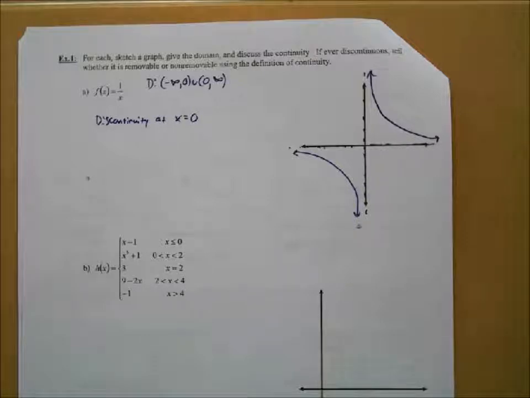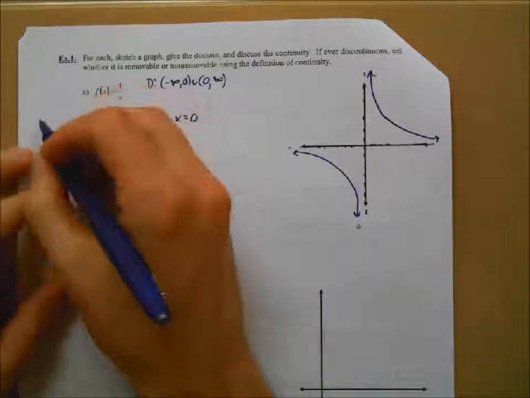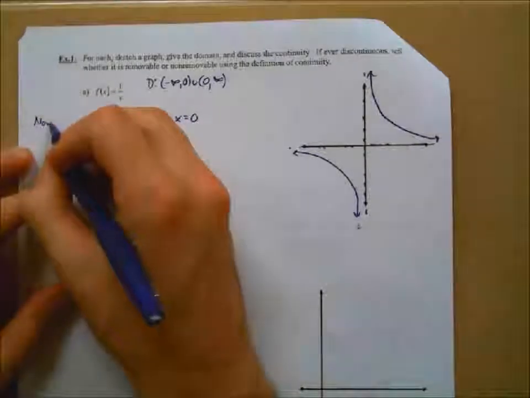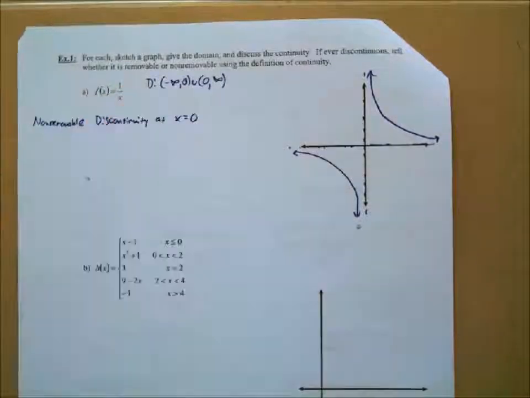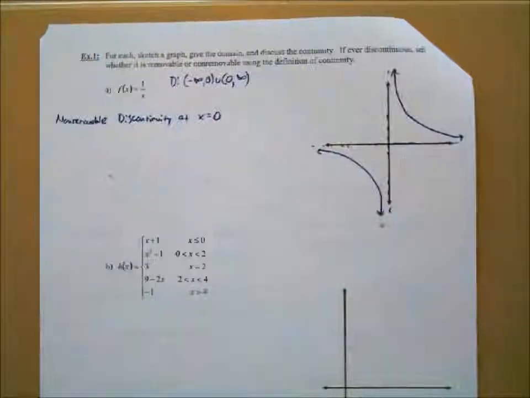And so what kind of discontinuity is this? Non-removable. So I'm going to add that in front here, and hopefully I left myself enough space. Non-removable discontinuity at x equals 0. Again, there's that asymptote idea.